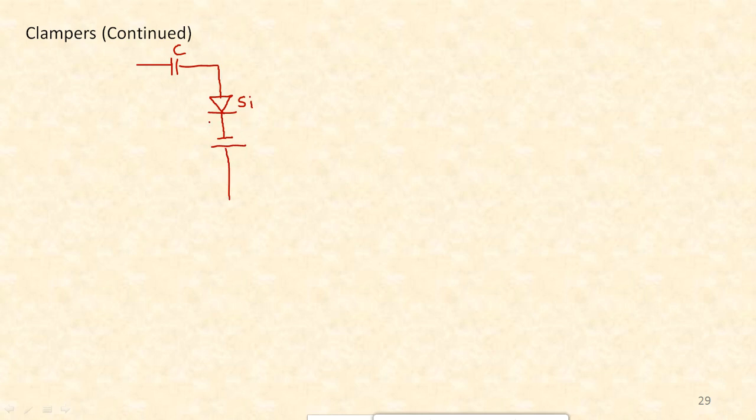So the clamper waveform may also change. That's the output load resistor, and let the input again be a square pulse, for simplified analysis.